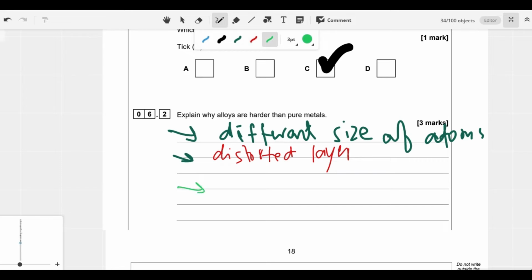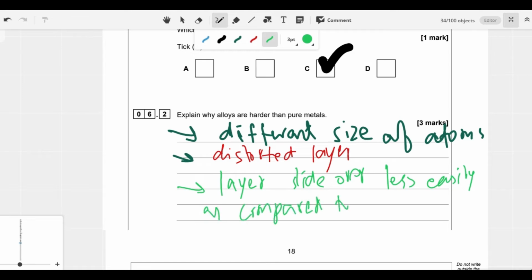So here, layers slide over each other less easily as compared to pure metal. Okay, and you know how alloy formation takes place: by mixing of metal and metal combinations, and by mixing of metal and non-metal combinations as well. Okay.